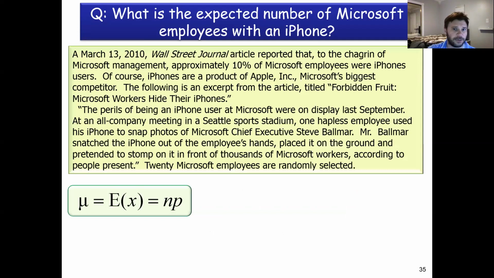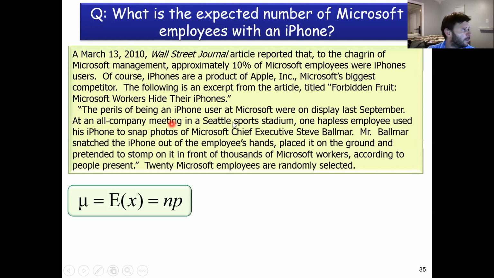So this is a pretty funny case study here. It's a pretty old case study, but the Wall Street Journal reported that, to the chagrin of Microsoft management, about 10% of Microsoft employees tend to carry iPhones. They're iPhone users. And of course, this is somewhat ironic given that Apple and Microsoft are competitors. This is related to some peril of being an iPhone user at Microsoft last September.